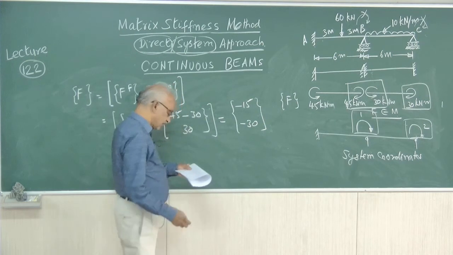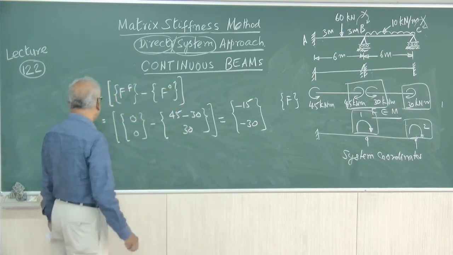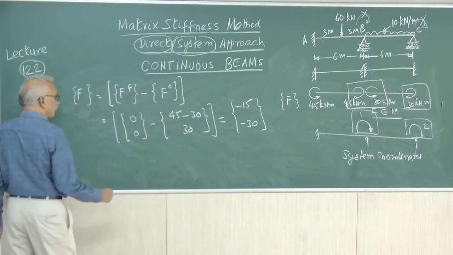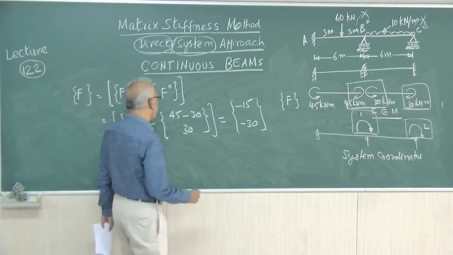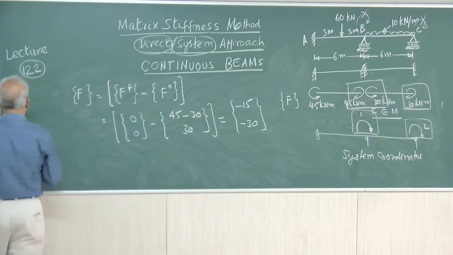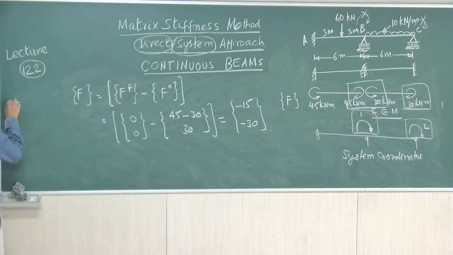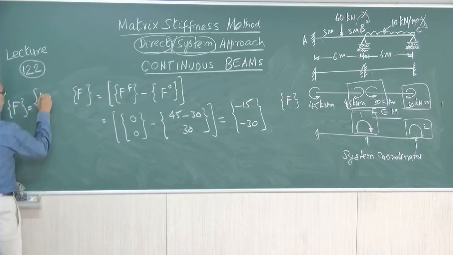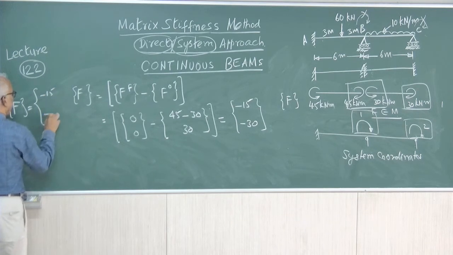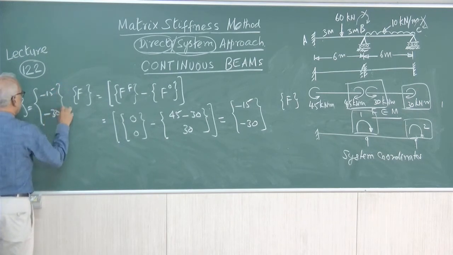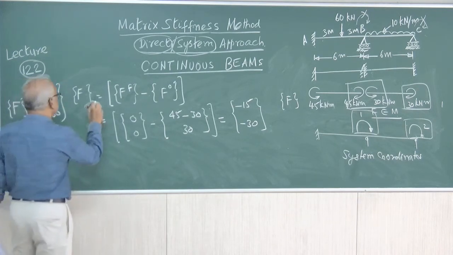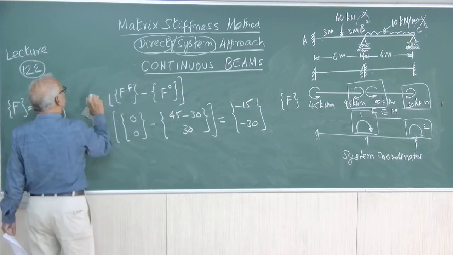So, minus 15 and minus 30, this is the value of f, the right hand side. So, right hand side value f equals minus 15 and minus 30. This is for the right hand side of the equilibrium equation.